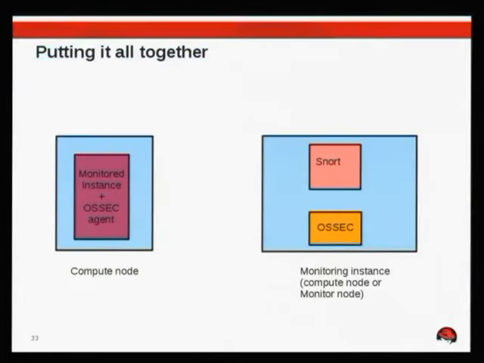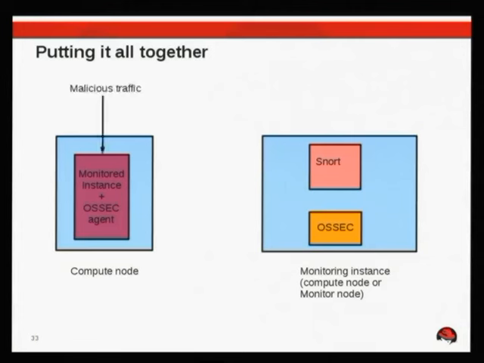So, all right, putting all this stuff together, you might have two nodes. Call it a monitoring node and a compute node, and you have an instance, and maybe the instance has the OSSEC agent in it, so it's on that system monitoring the host, and you're also monitoring the network.